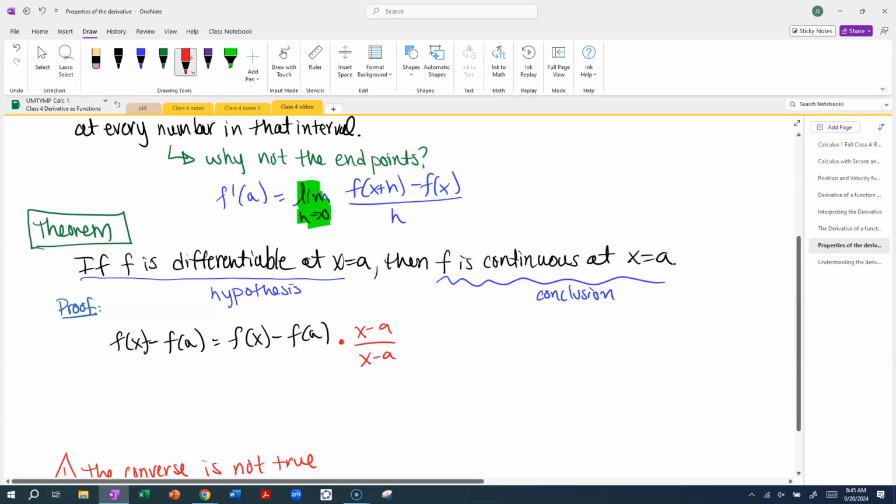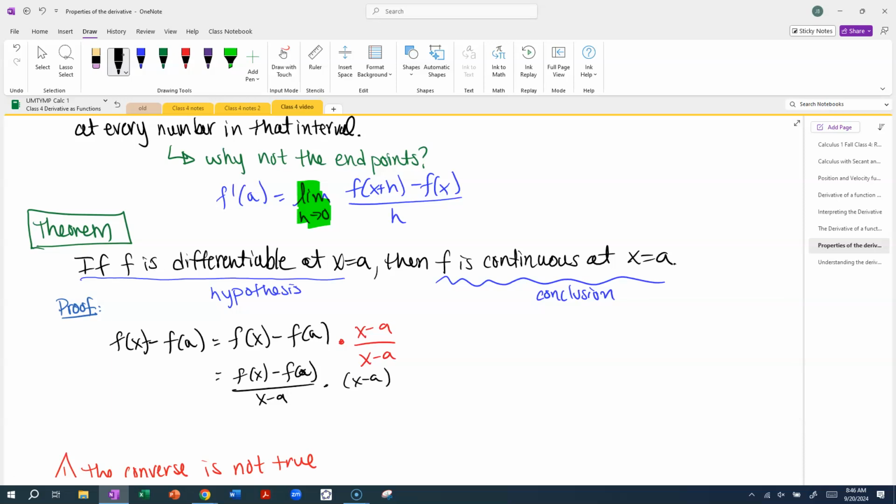So it actually doesn't change anything, because that's 1. Then this is equal to f of x minus f of a all over x minus a, times the quantity x minus a. Not a big deal.